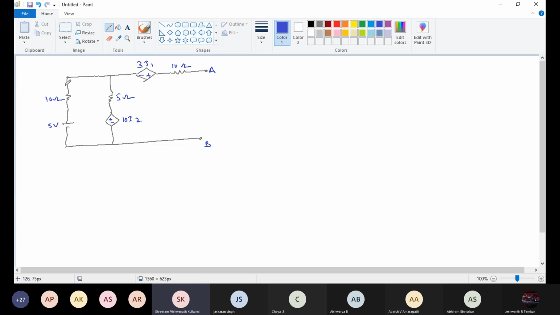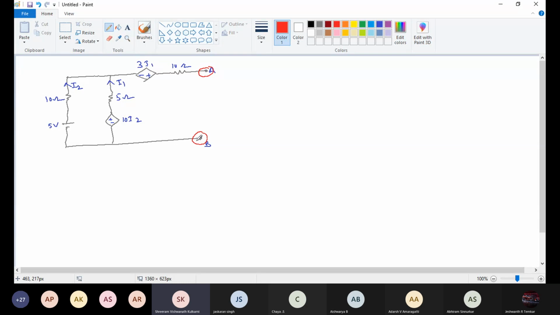In question they have given this current as I2, this current as I1. Now they ask: find the equivalent network across the terminals A and B. Find Norton's equivalent network across terminals A and B.